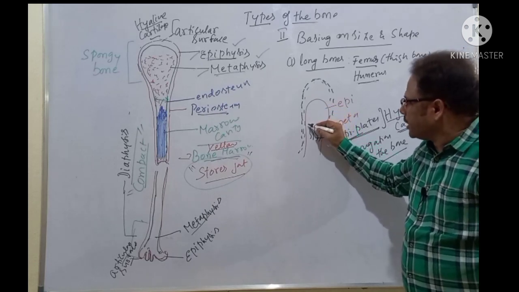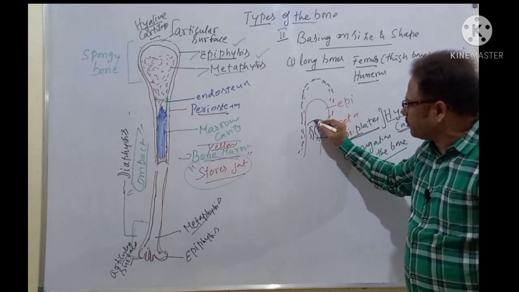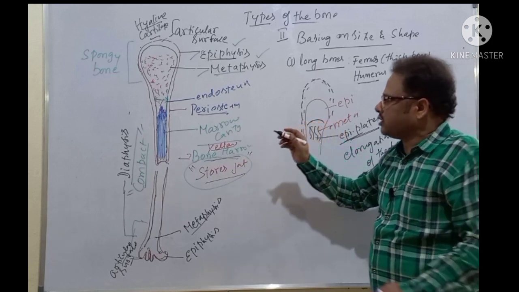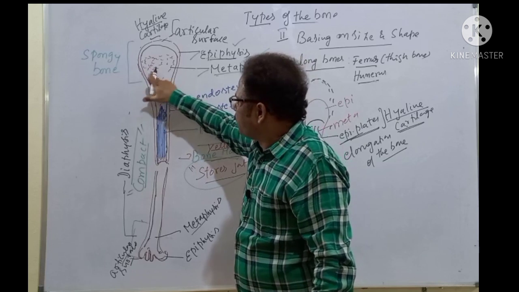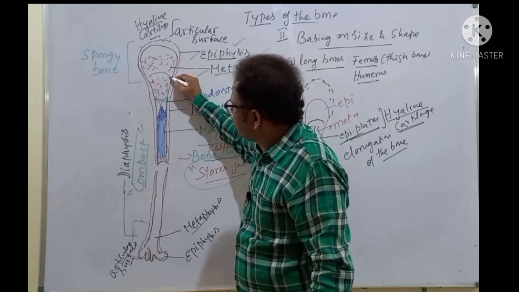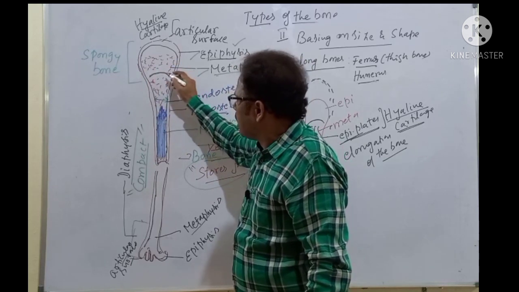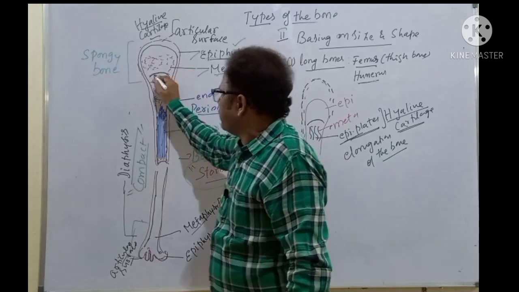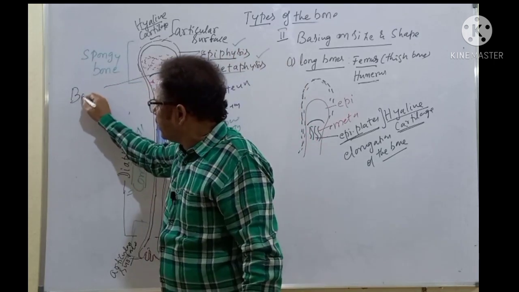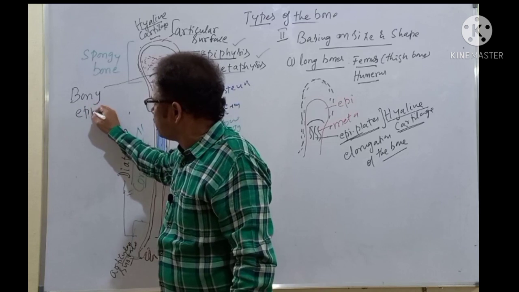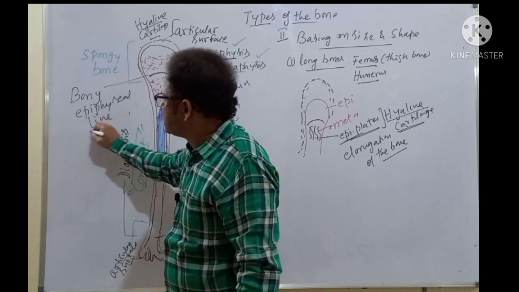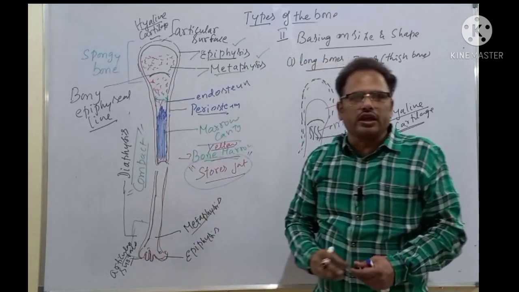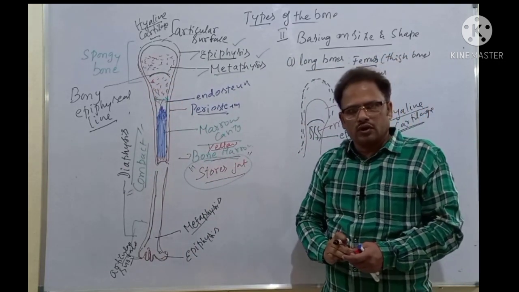Why? Because a line is formed, called the epiphyseal line. See here, in the case of this metaphysis, a line is formed. This line is called the bony epiphyseal line. Once the line is formed, there is no further elongation of the bone.